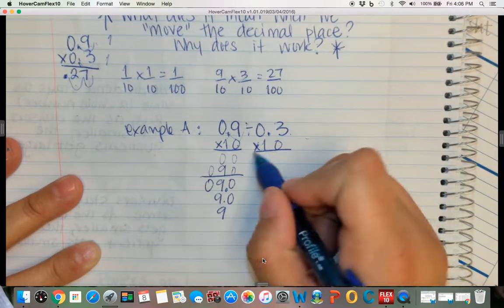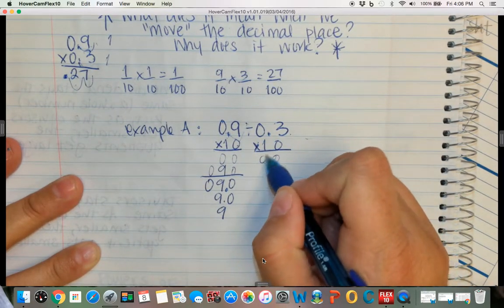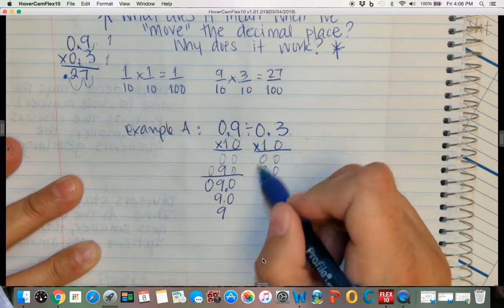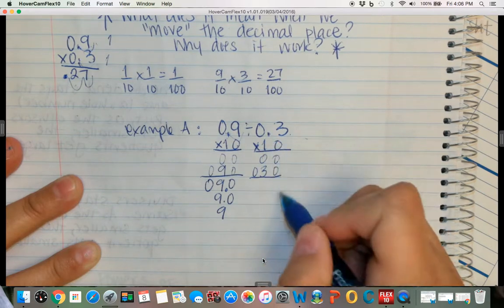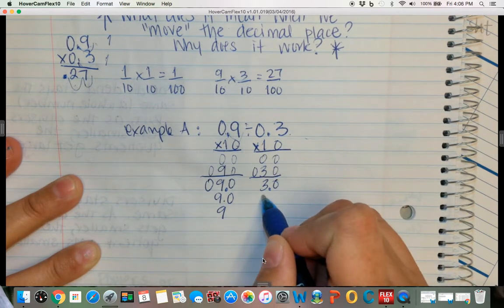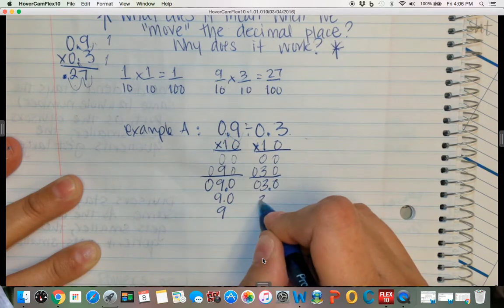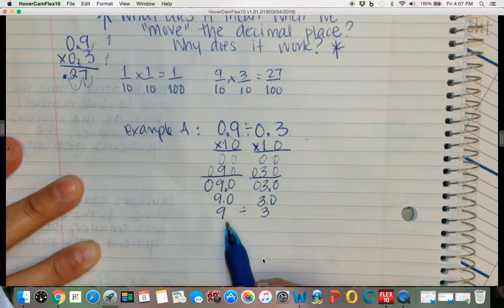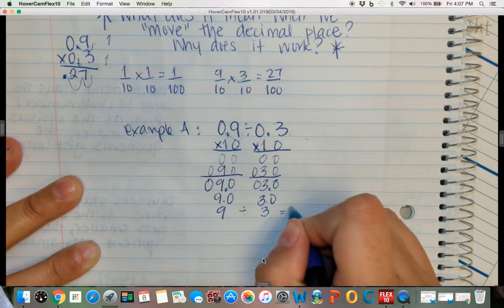Over here, it's going to be the same thing. 0, 0, 0. 1 times 3 is 3. 1 times 0 is 0. I have 1 decimal. I have 3.0, which is the same as 3. And I move my division sign. 9 divided by 3 is 3.